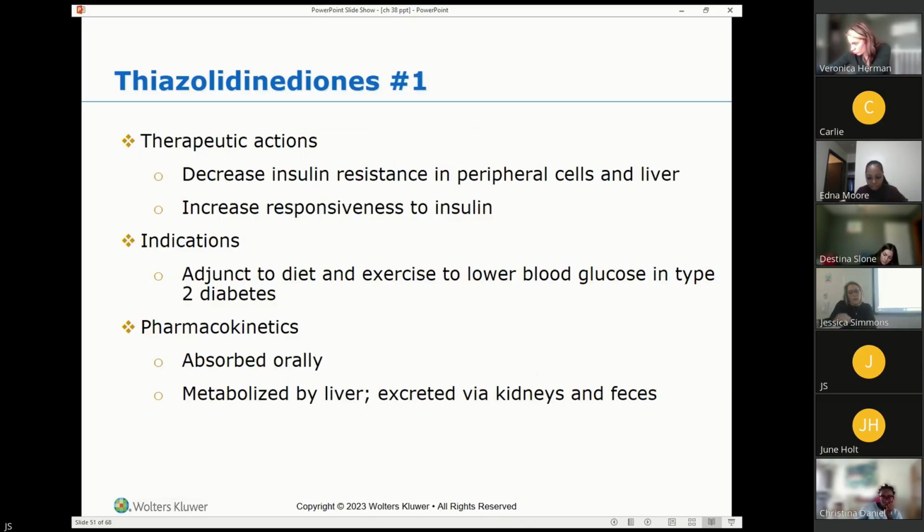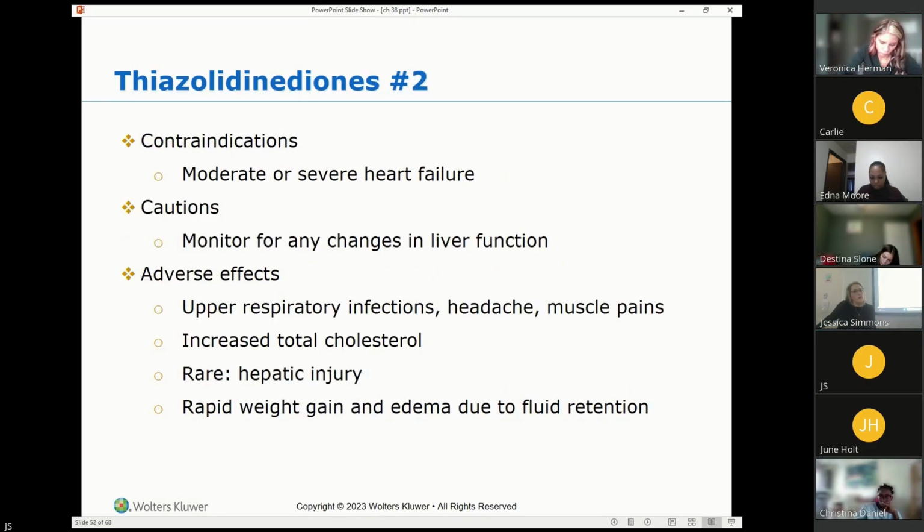I'm also not going to spend a lot of time on these drugs. They decrease the insulin resistance in peripheral cells and the liver. They increase responsiveness to insulin. They're adjunct to diet and exercise to lower blood glucose in type 2 diabetes. Contraindications for moderate or severe heart failure.